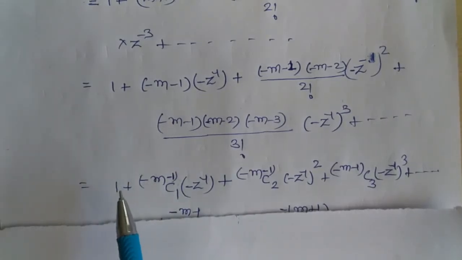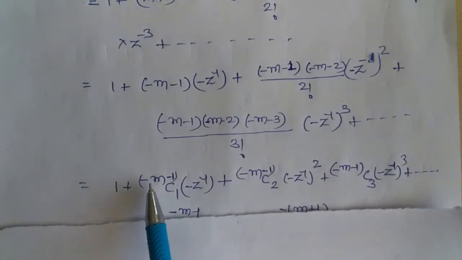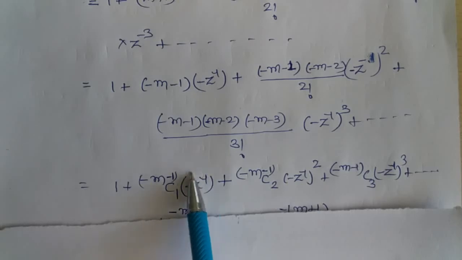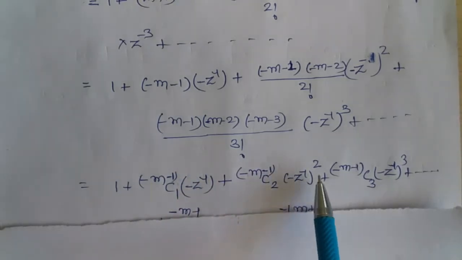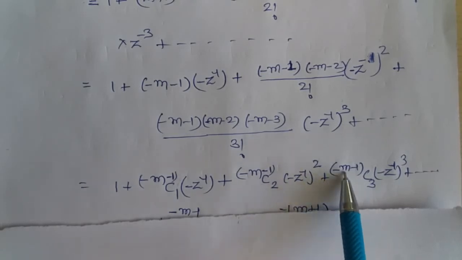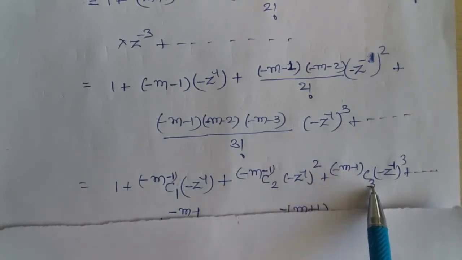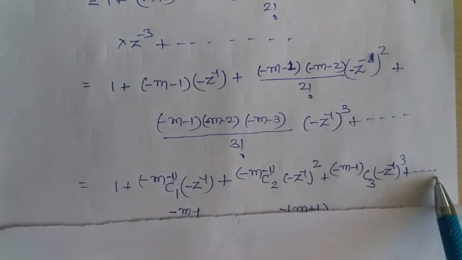So we get 1 plus (minus m minus 1)C1 (negative z inverse) plus (minus m minus 1)C2 (negative z inverse) square plus (minus m minus 1)C3 (negative z inverse) cube and so on.